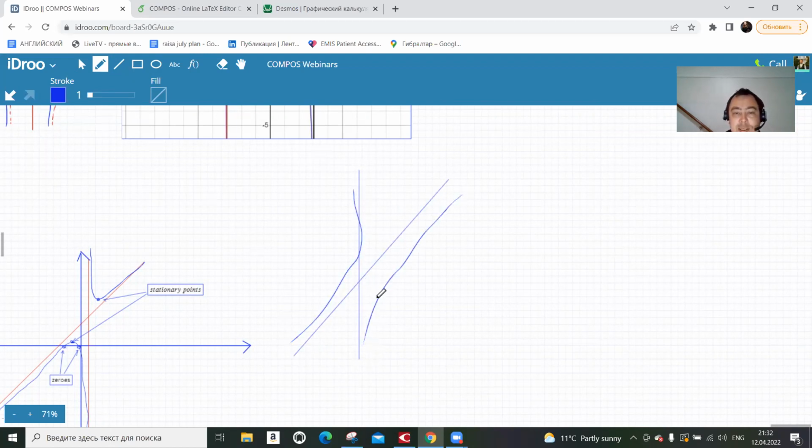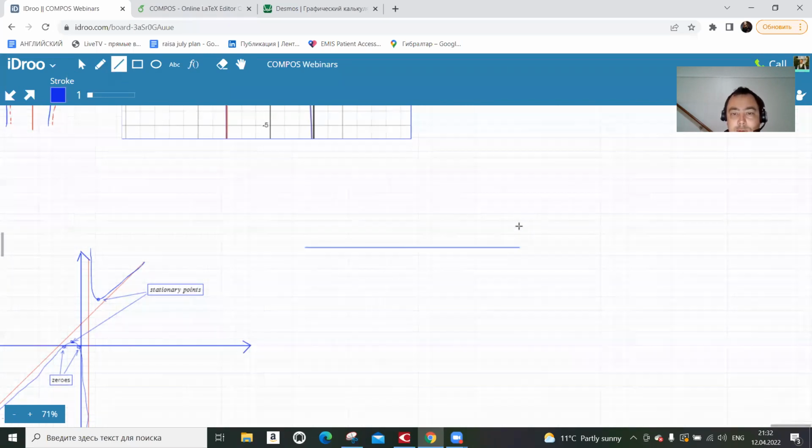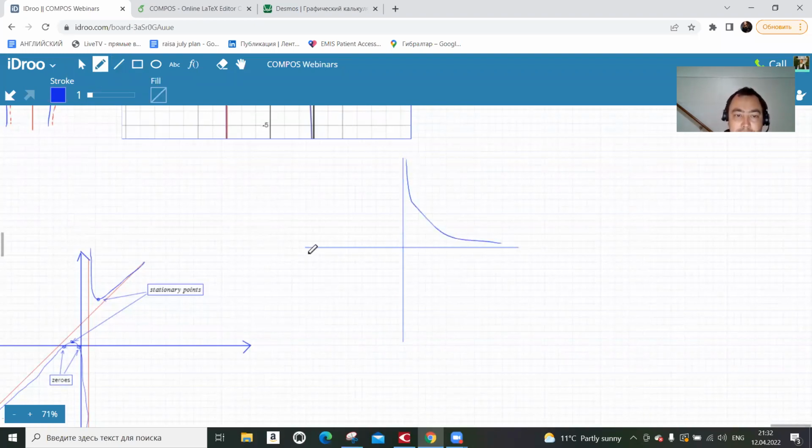It always goes between the asymptotes. The hyperbola is a very good example. You have two asymptotes and it's between them. You have a hyperbola in between the graphs.